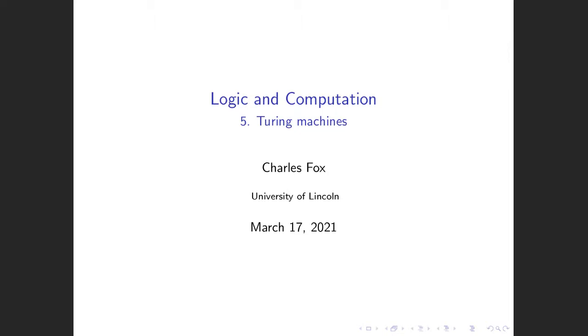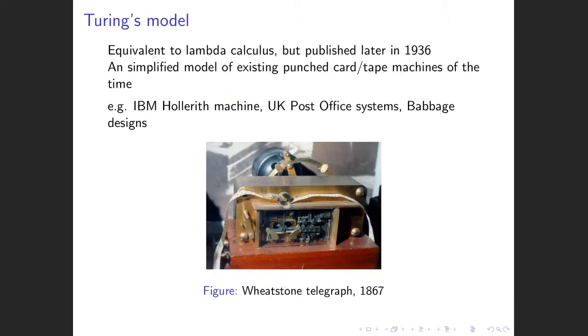So Turing was coming from the other way. Turing was looking at the machines that already existed out there. Things like this. This is the Wheatstone telegraph from 1867. It's an automated telegraph machine, so sending and receiving Morse code.